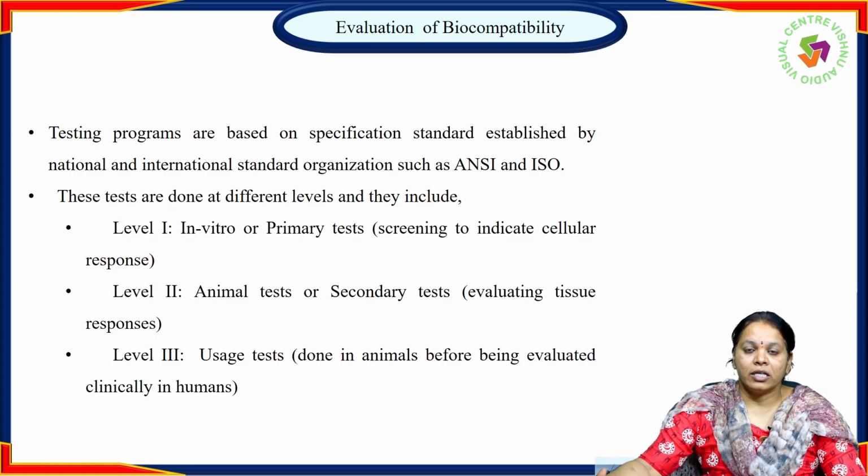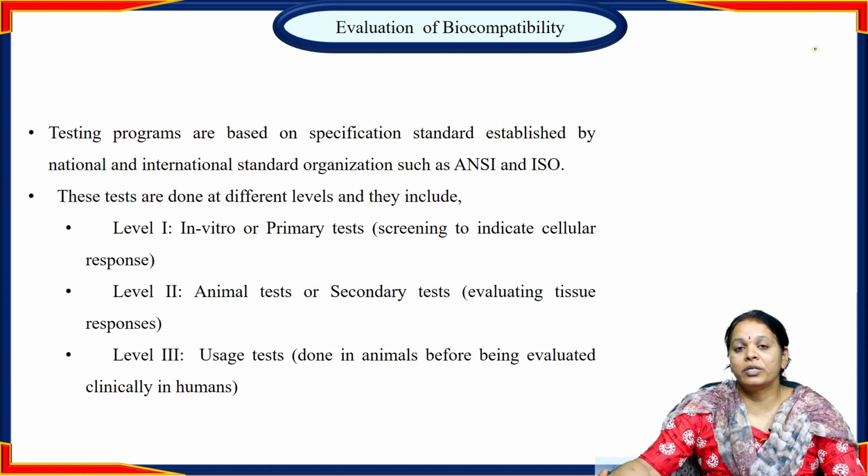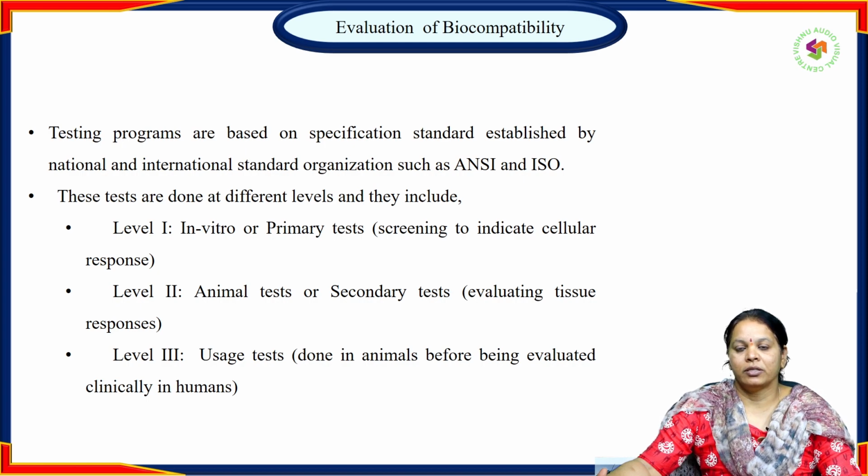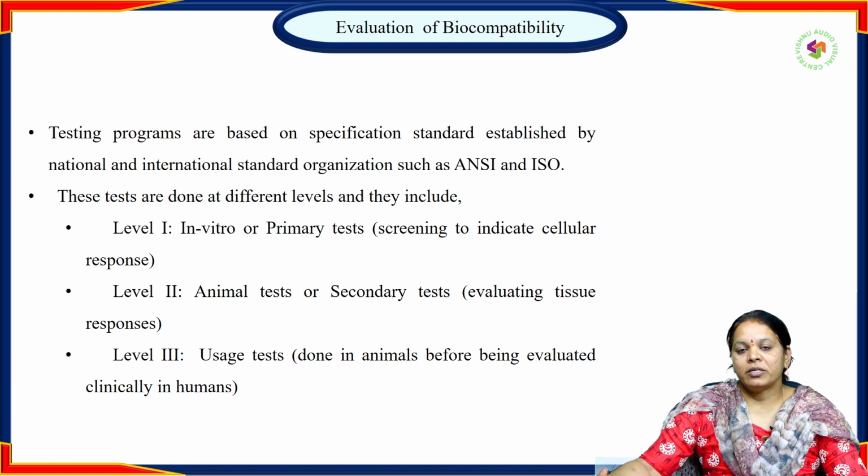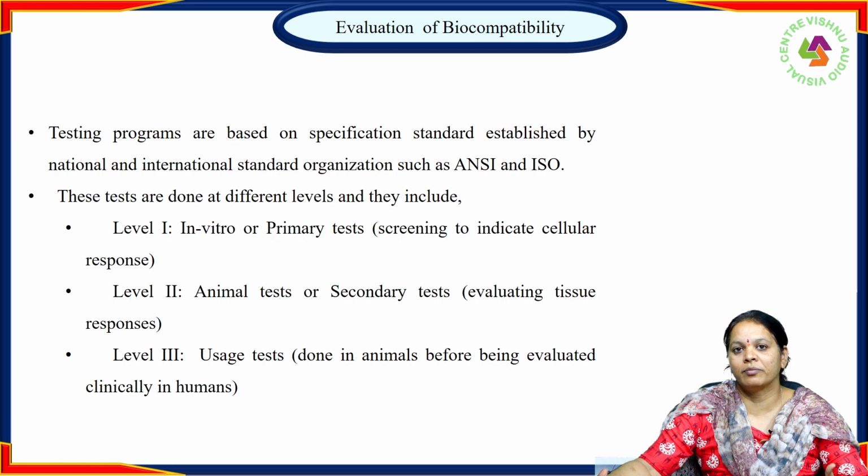Once we are clear with the requirements, what exactly needs to be studied, prior to applying that into the human environment, we need to test for its compatibility. From the preliminary studies, we will be able to assess what materials are suited or biocompatible with respect to the living tissue.